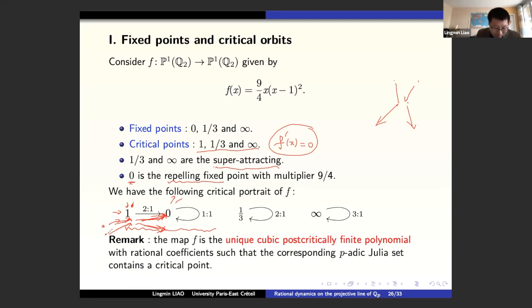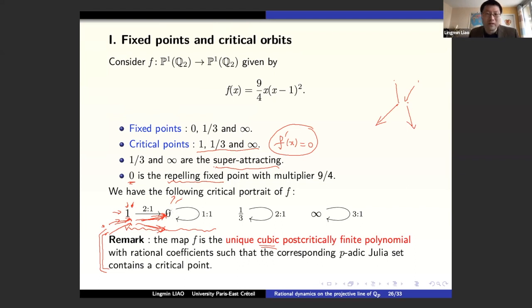And why this polynomial? In fact, there are not so many. If you look at cubic polynomials, you have only 1 like this, and this is exactly what I gave you here. This is the only cubic post-critically finite one. This is the forward orbit of the critical point. This is the critical point, and it will go to itself.